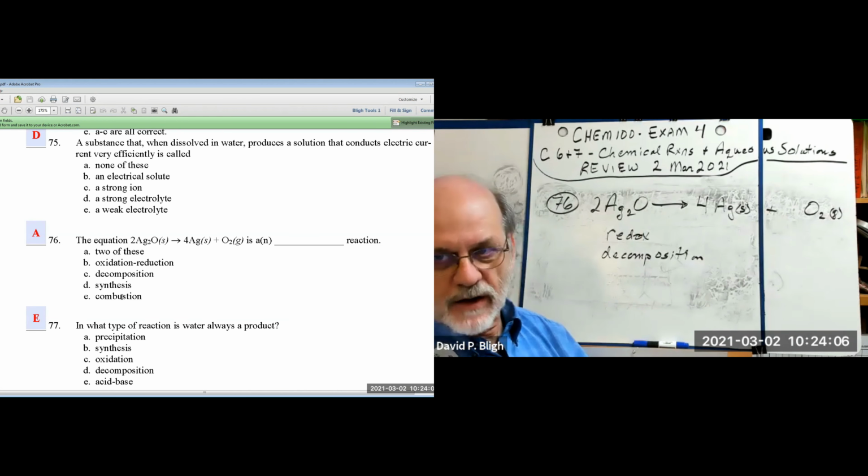So we swap sodium and nitrate. Sodium nitrate as aqueous, plus hydroxide and copper. And since this is a 1 minus and that's a 2 plus, we need 2 of those. And that's a solid.